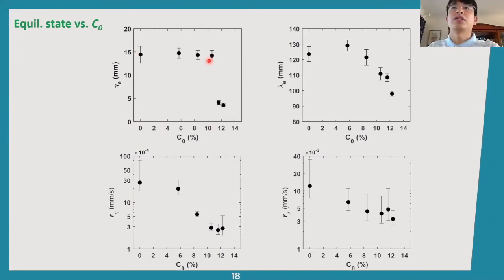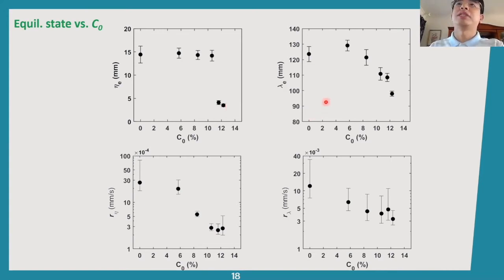And there is a discontinuity in the ripple height with the initial clay content over 11%. As you can see, the equilibrium ripple height collapsed at the highest clay content of 12.3%, where the value was 3.4 millimeters, which was 4 times shorter than the clean sand ripple height.